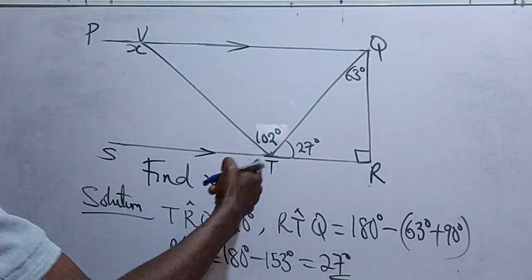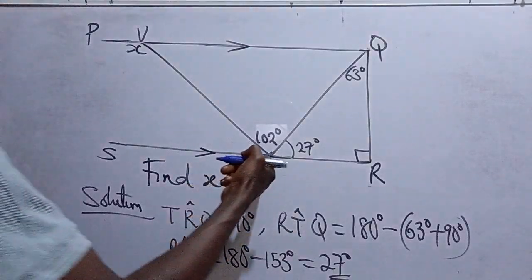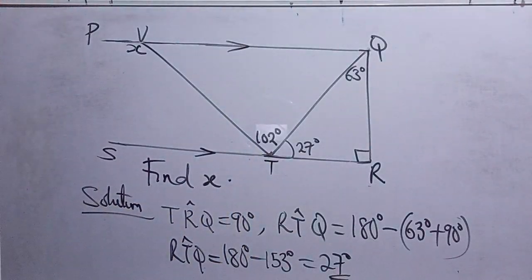So on this particular line STR, we can have the remaining value of the angles here.